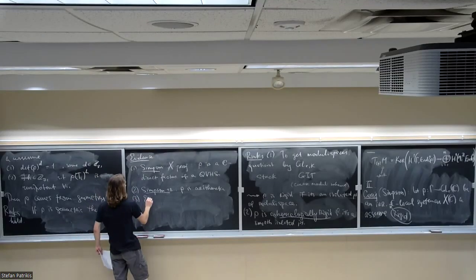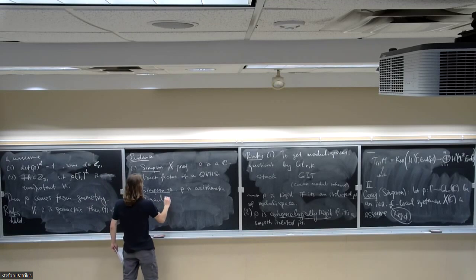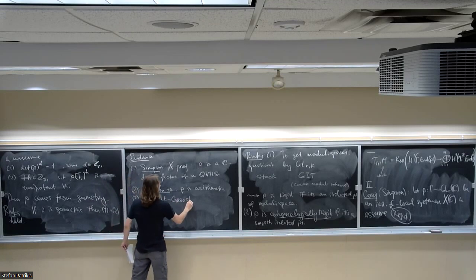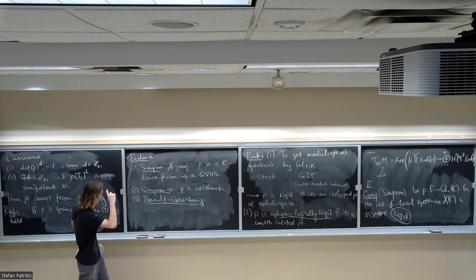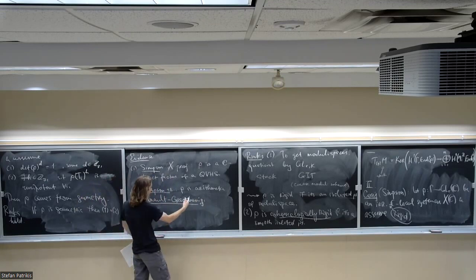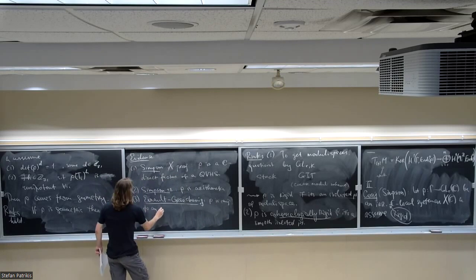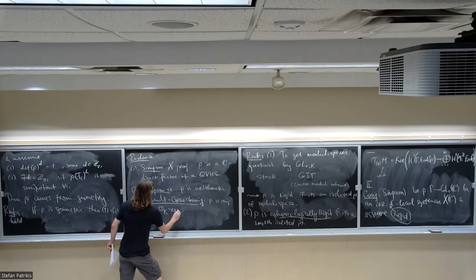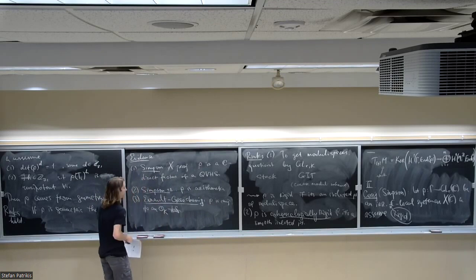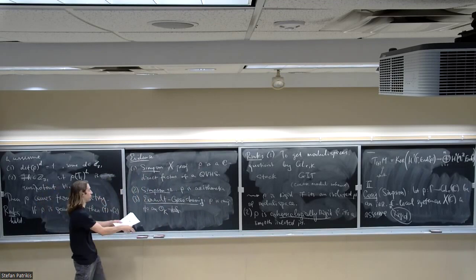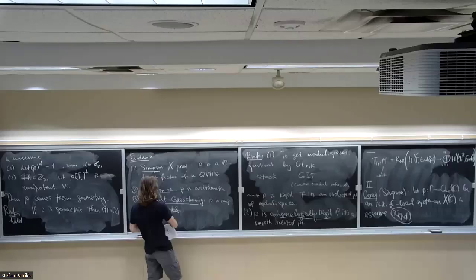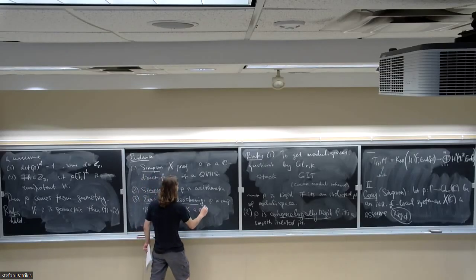So some other evidence. Maybe we'll see more about this later today, but Esnault and Groechenig prove that this rho is essentially integral. It's conjugate to a local system with O_K coefficients, K a number field.